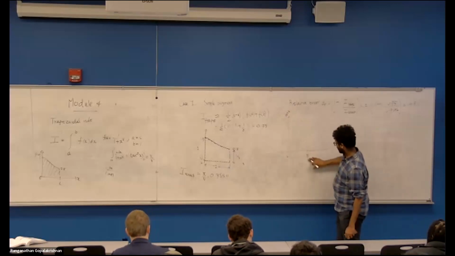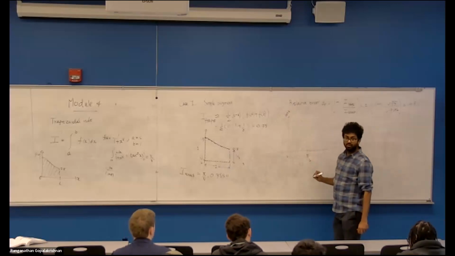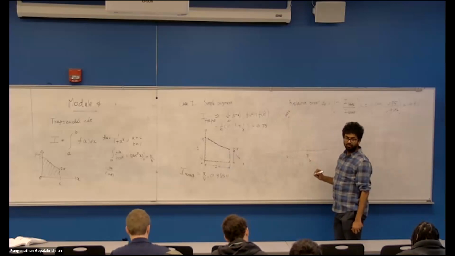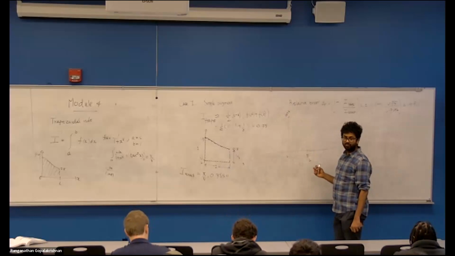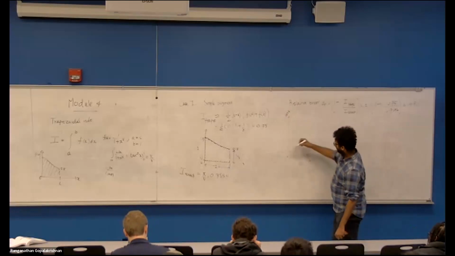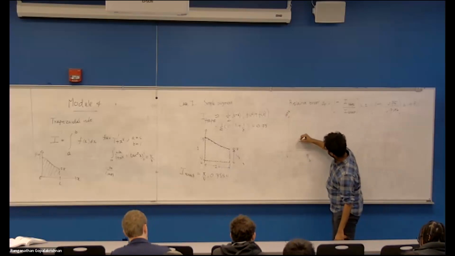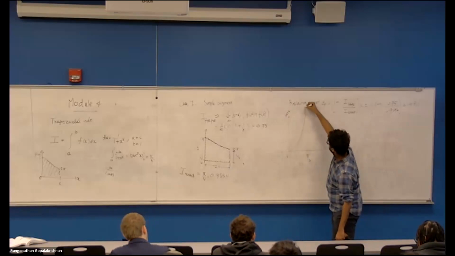What is tangent of pi by 2? It's 1 over 0, so infinity. It blows up at pi by 2.